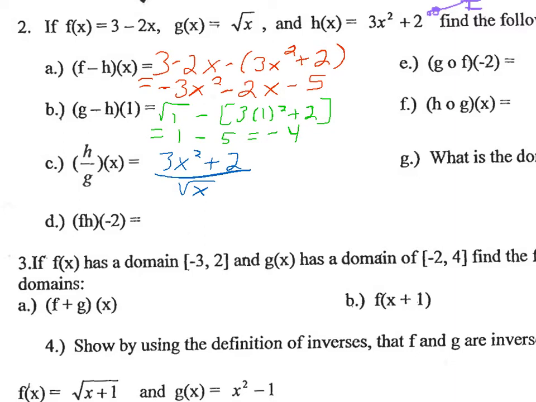So f of negative 2 would be 3 minus 2 times negative 2, and we want to multiply that by 3 times negative 2 squared plus 2. So that would give us 7 times 14, which is 98.